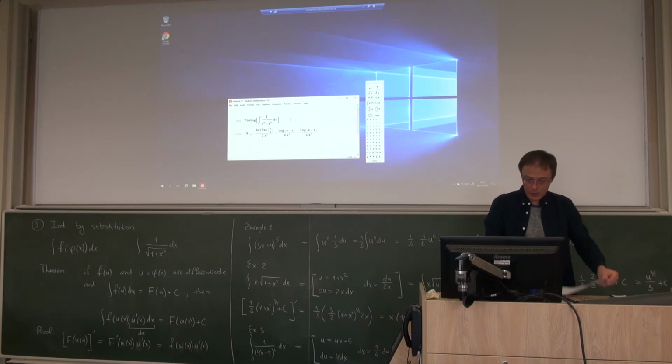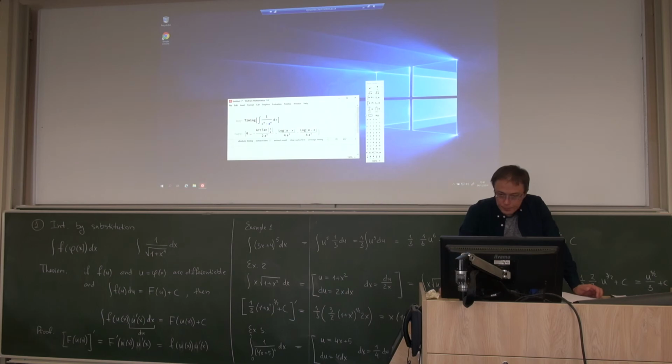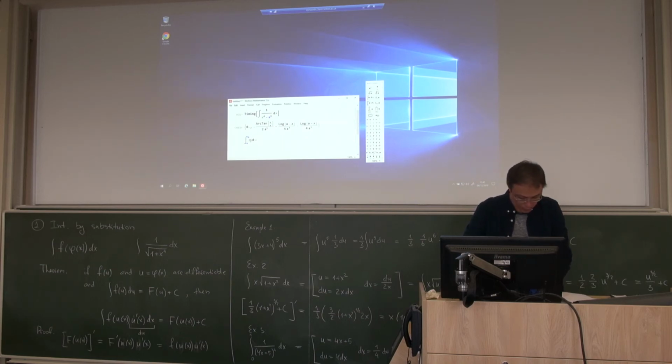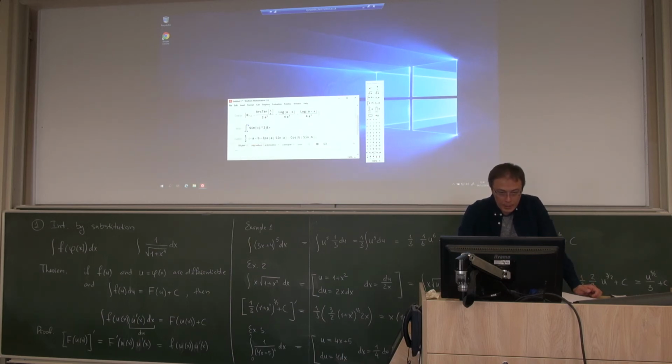Let's now calculate some definite integral. So an integral from a to b of sine x squared dx. Well, that's your integral, and of course it doesn't really matter what power we have.